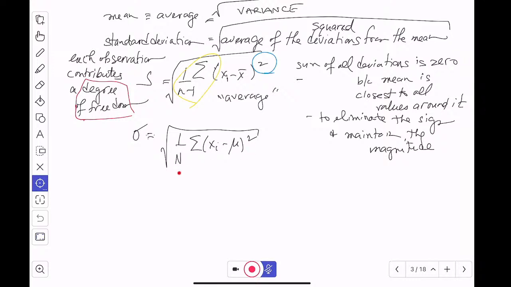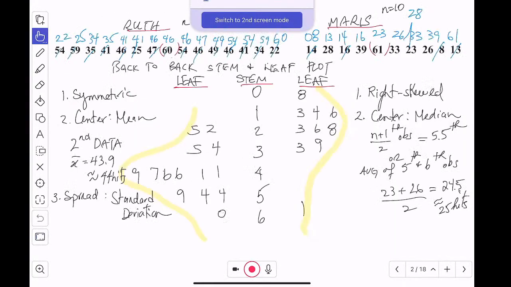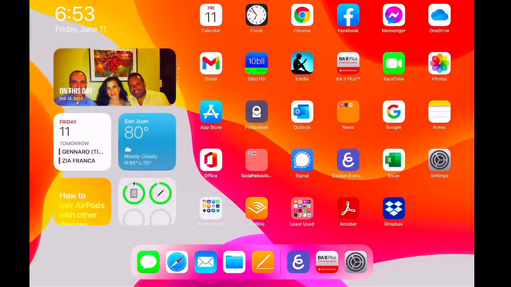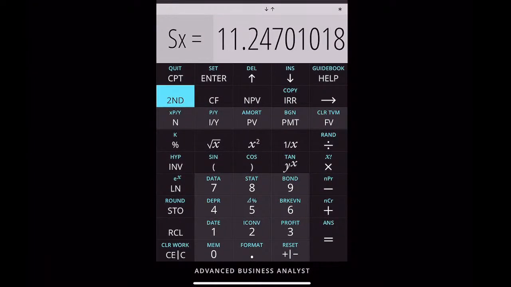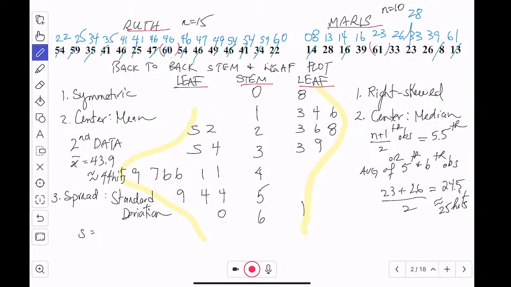So what we got from our calculator is that S is equal to, I'm not going to remember, I got to go back. S was equal to 11.2. So we'll round it up to 11.2.